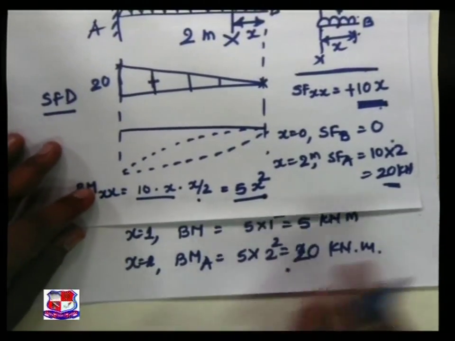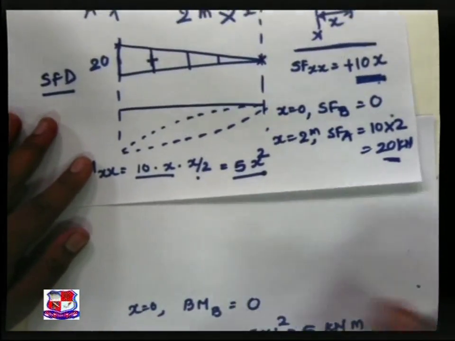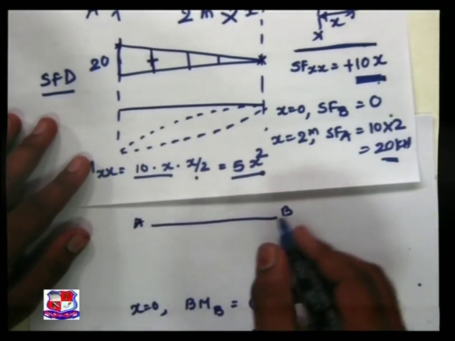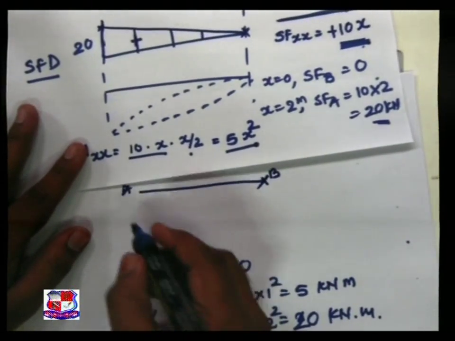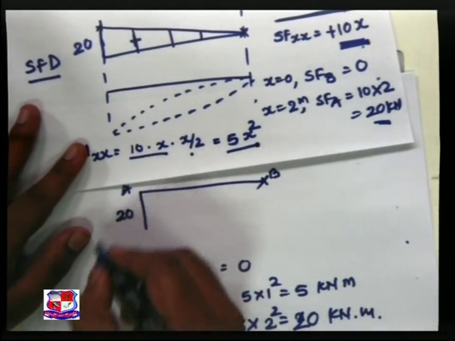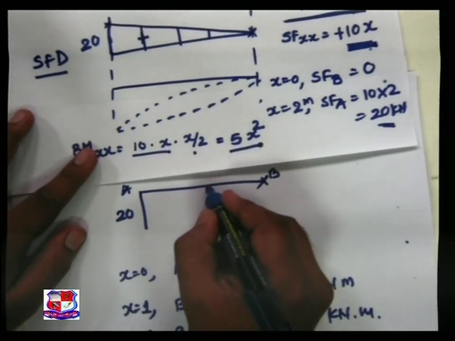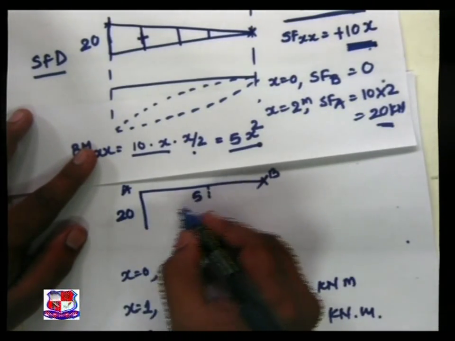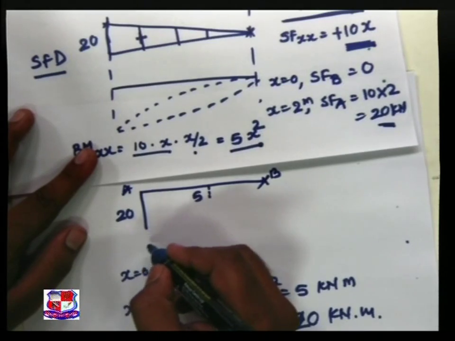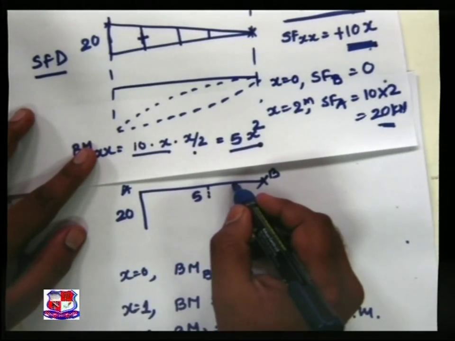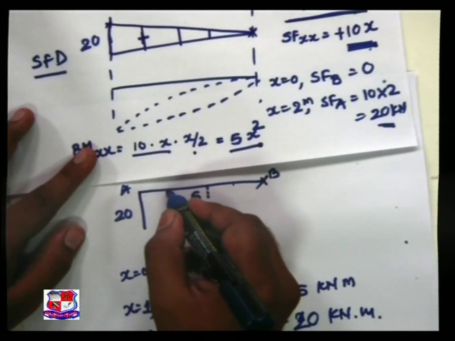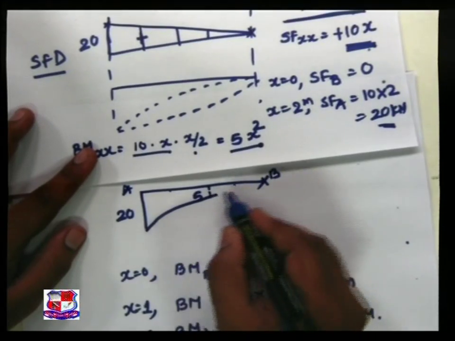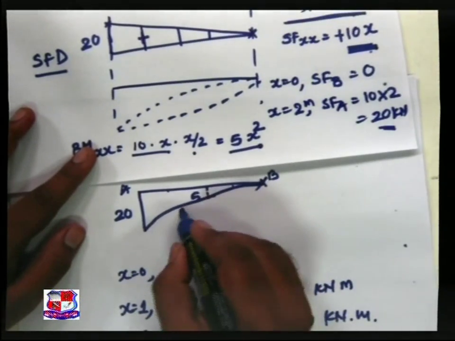Just visualize, if this is my baseline at point B, this is my section A, it is 0 here, this is the value 20 here, and the intermediate point is 5. I have to join these points. If you want to go more precisely, you can find the ordinate at 0.5 meter and at 1.5 meter, and join those ordinates and we will achieve the parabola.